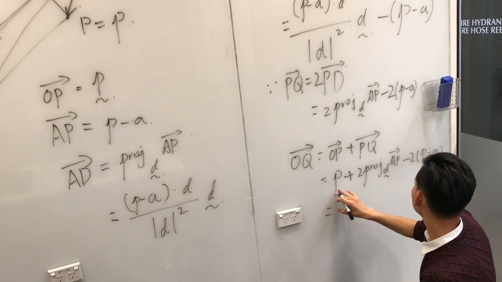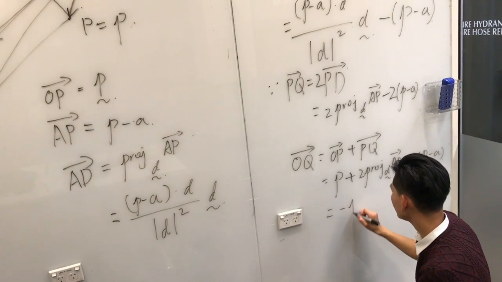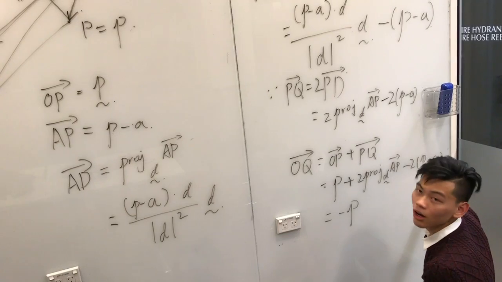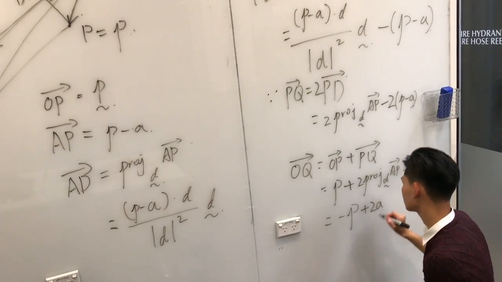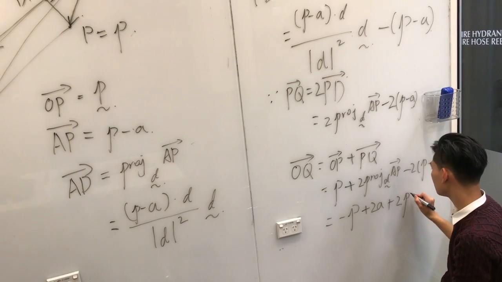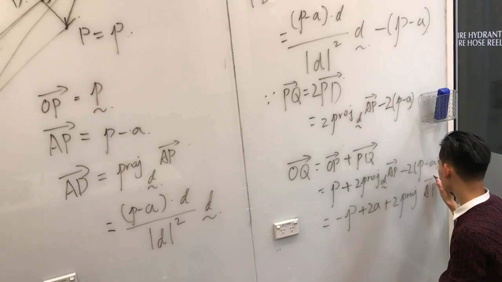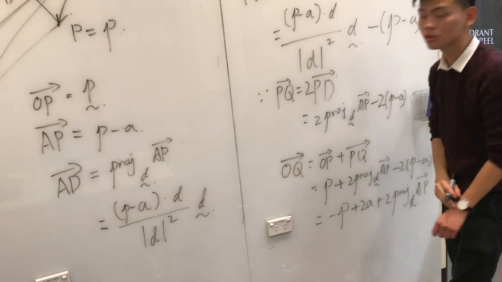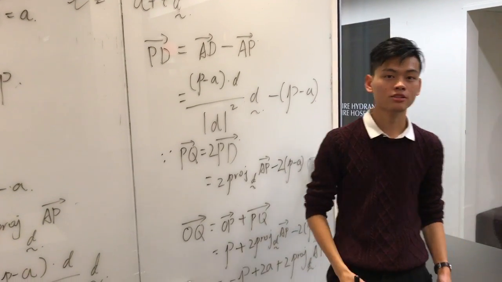P minus 2P, we get minus P. Minus 2 times minus A, we get plus 2A. Then plus 2 times the projection of AP on vector D. Okay, this is the end of the solution. So thanks for watching.